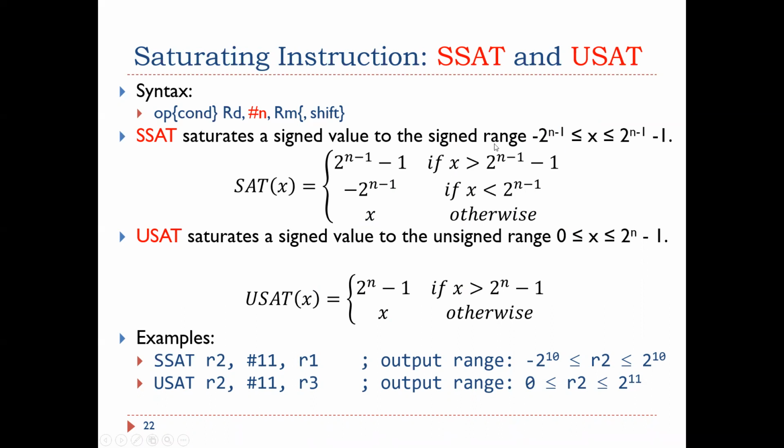Since it is a signed number, the number could be represented in n number of bits. n could be 15, 32, or 10, 11, whatever you like to define the saturation range. The maximum number that we can represent is 2 to the power n minus 1, minus 1. And the minimum number that you can represent is minus 2 to the power n minus 1.